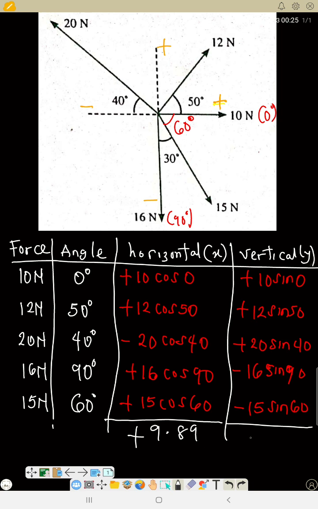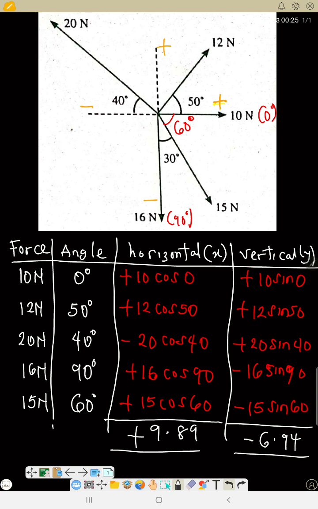That will give us minus 6.94. That means we have already resolved all these forces into horizontal and vertical.